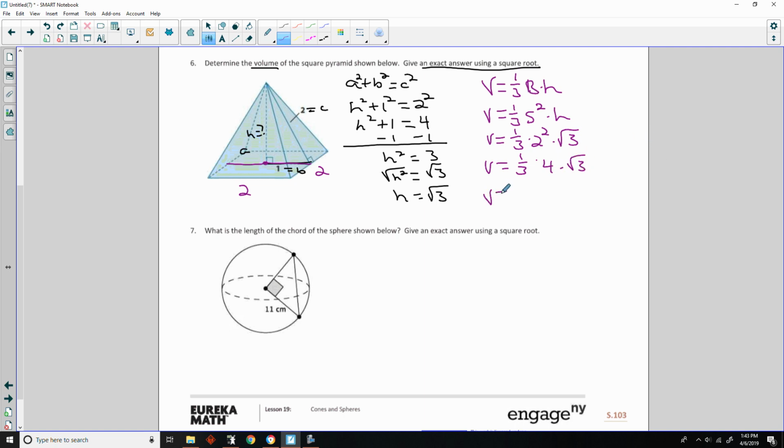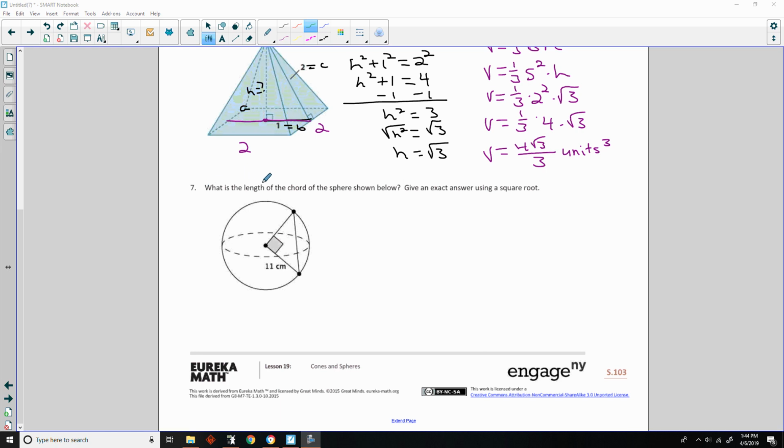So my volume is going to be 4 square root 3 divided by 3. Units, because there's no measurement here. Units squared. No, it's volume. Units cubed.